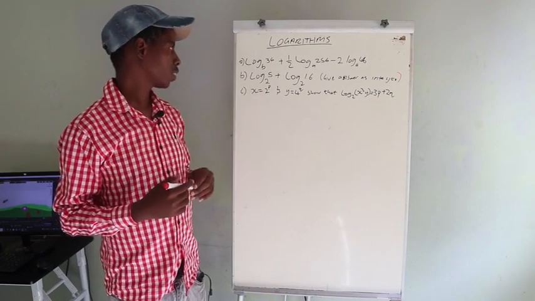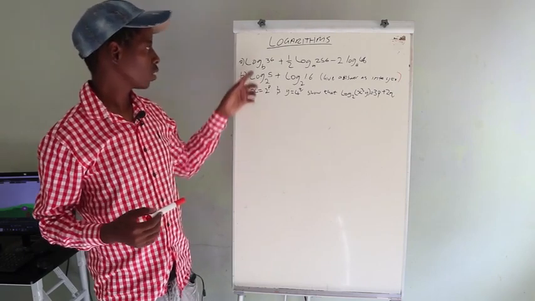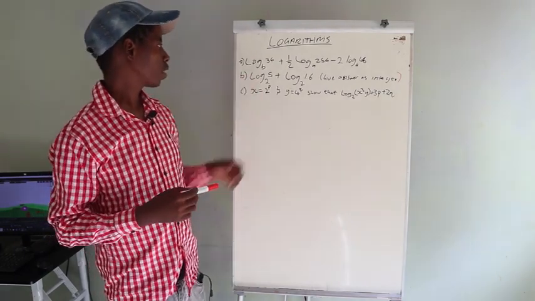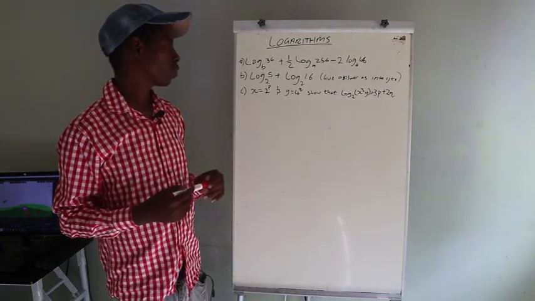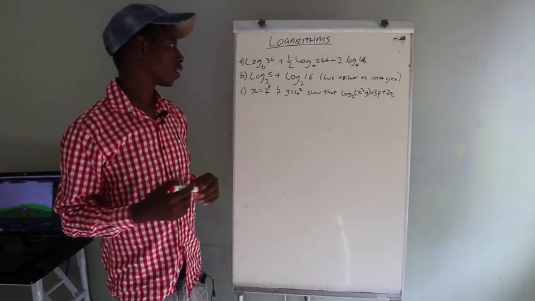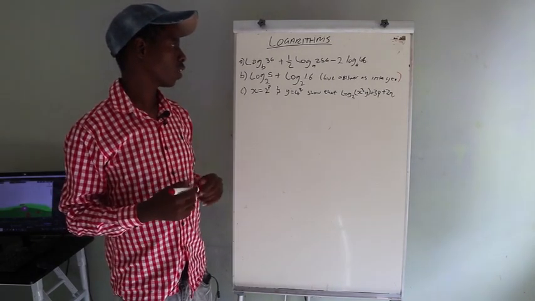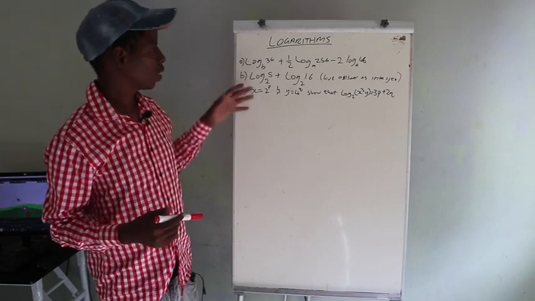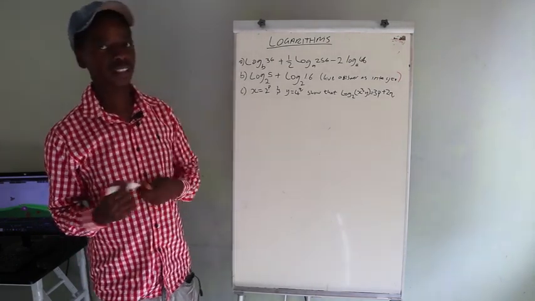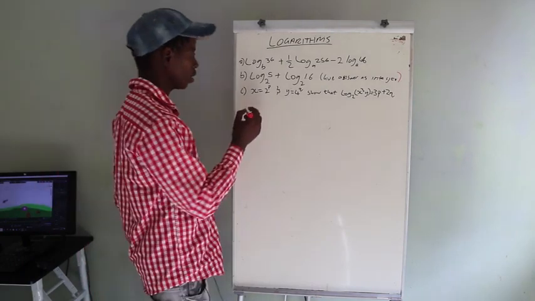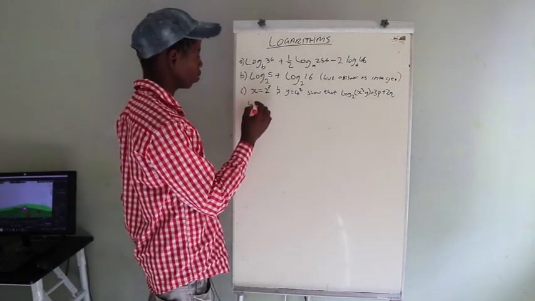So when we look at question A, it says log_b 36 plus half log_a 256 minus 2 log_a 48. And then you need to work this out, right? So I'm going to write this again so that we can start working on it.